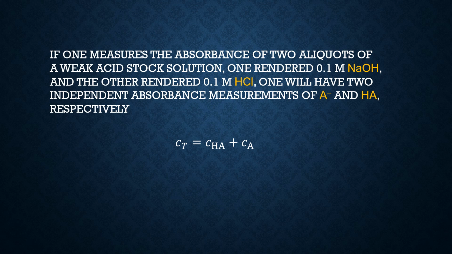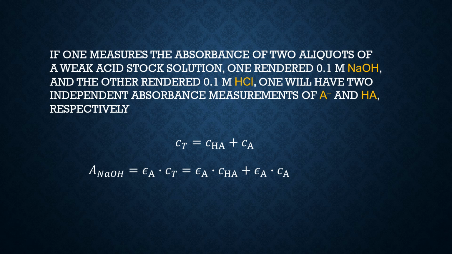I know that the analytic concentration, indicated by C subscript T, is equal to the concentration of the protonated and the deprotonated forms. So now, if I have the absorbance measured within the sodium hydroxide solution, the only extinction coefficient that is relevant is that of the deprotonated form, and I can expand that as indicated.